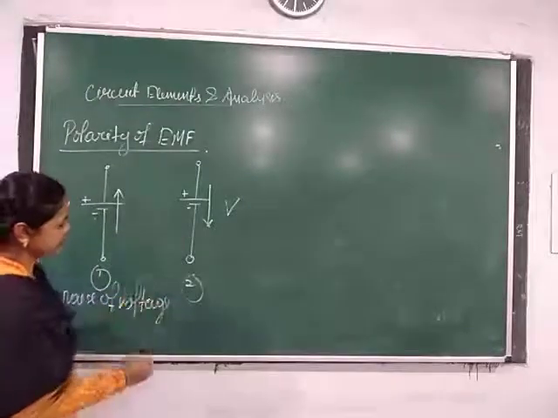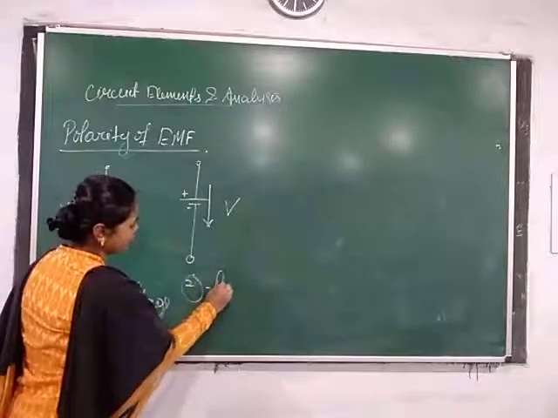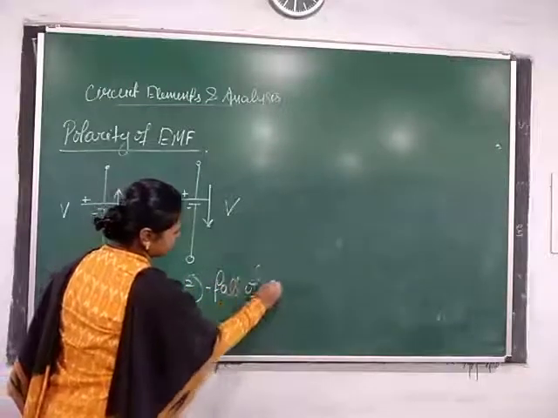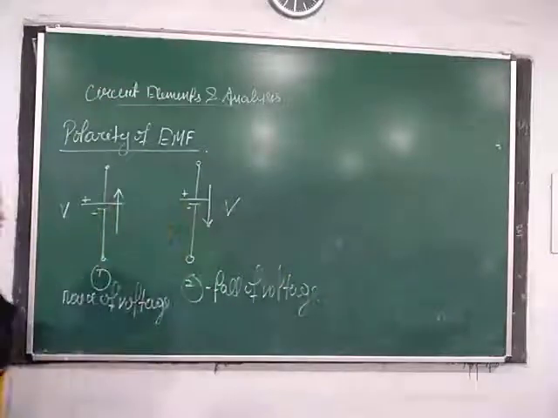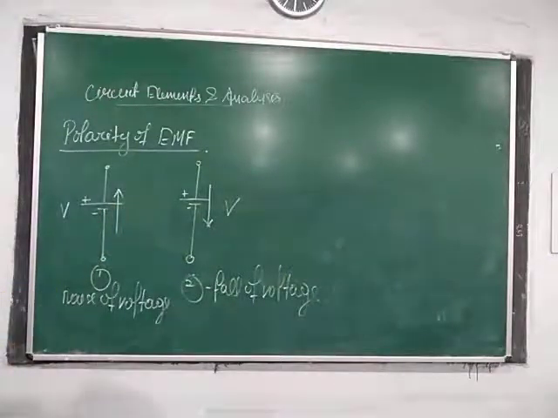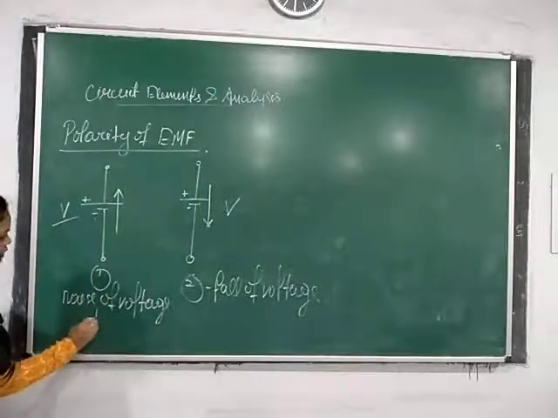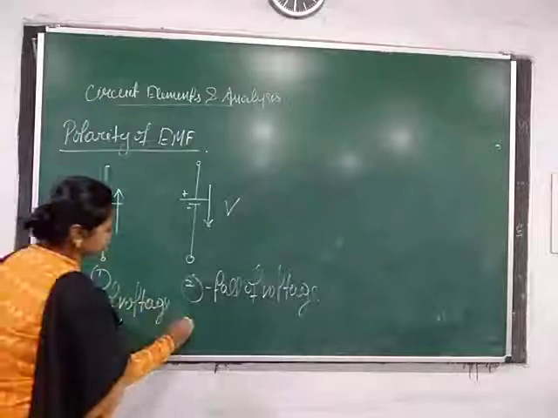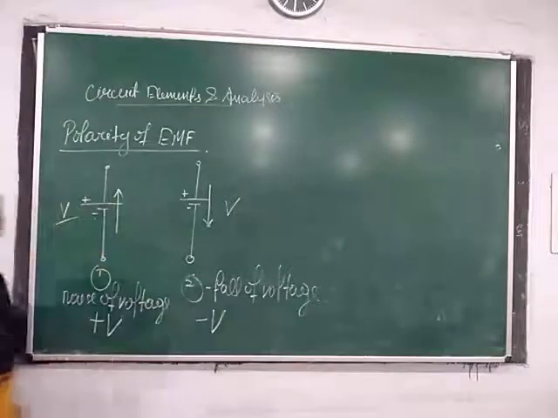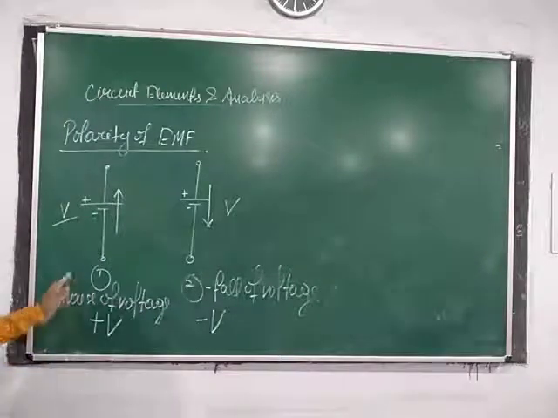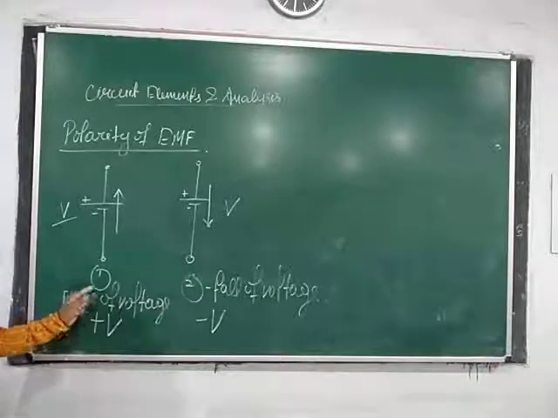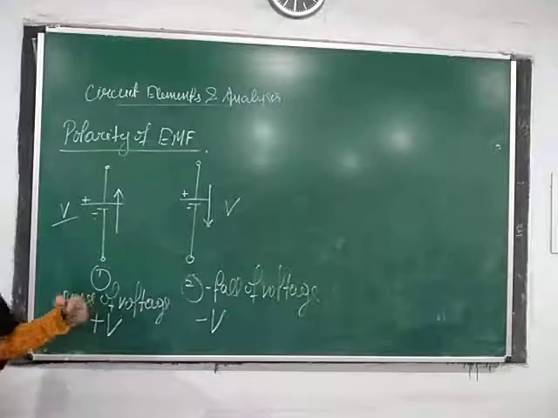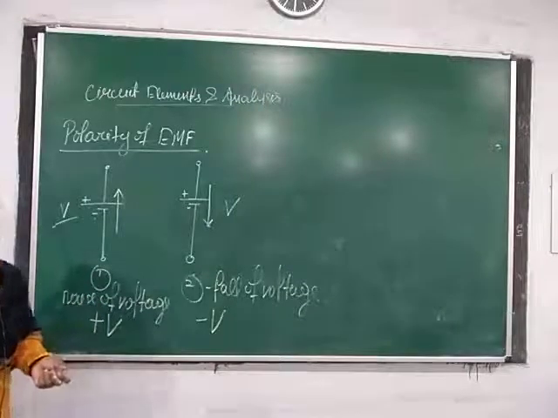In this case, it is known as fall of voltage. In this case, the polarity of this EMF or voltage is positive, and in this case it is taken as negative. So these are very helpful for circuit analysis when you go for mesh analysis method and nodal analysis method.